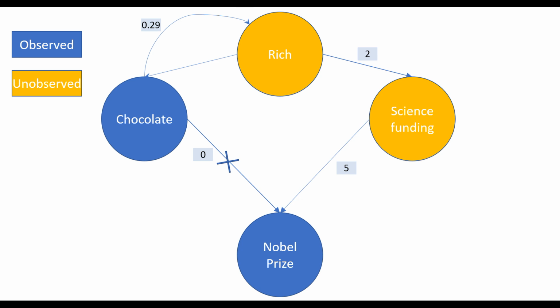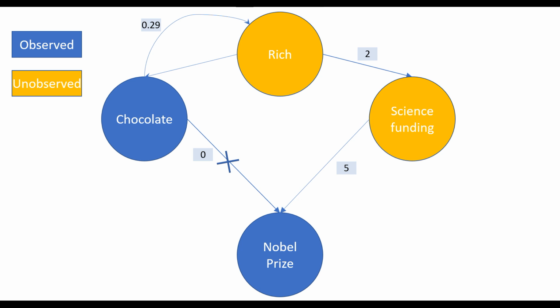So we see that delta 1 in the long regression is the direct causal effect of eating chocolate on the number of Nobel Prizes a country wins. However, there's a backdoor which you can use to predict Nobel Prizes, which goes via chocolate to being a rich country, to the science funding a country gives, back to Nobel Prizes.